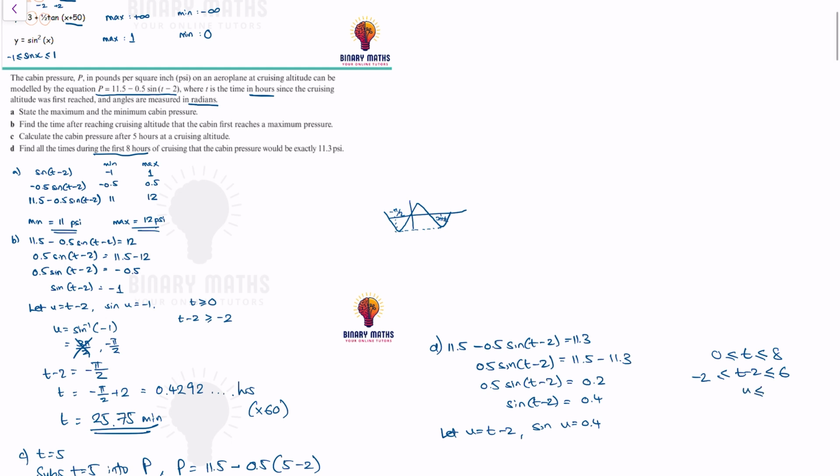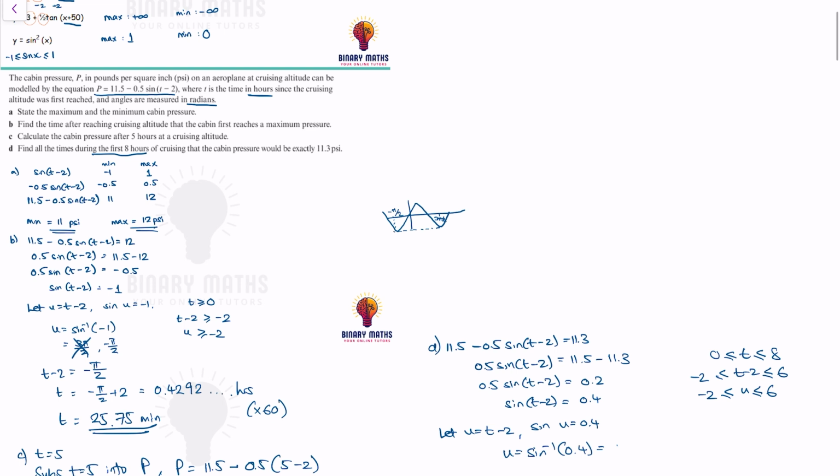So u is between minus 2 and 6. To find u now, I need to do inverse sine of 0.4, which is equal to 0.4115. Again, this is a sine graph, so I'll just draw my sine graph here.